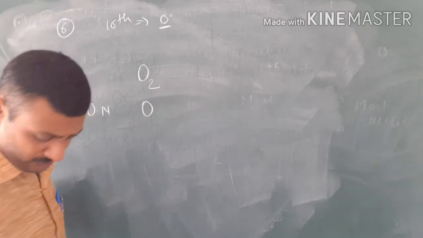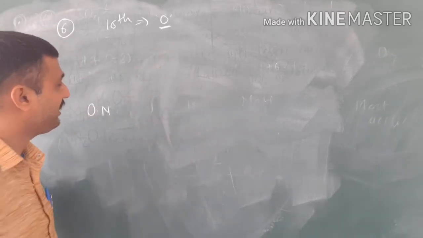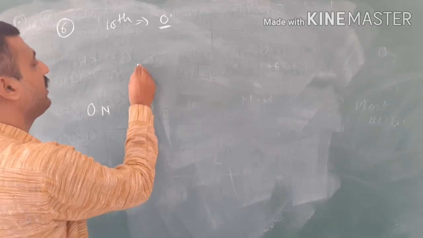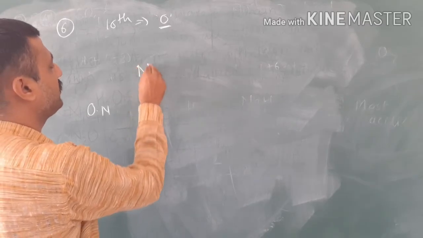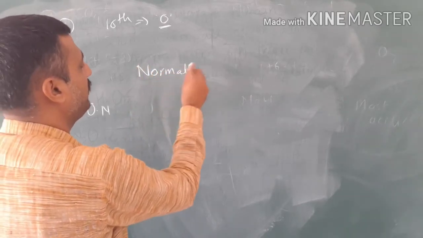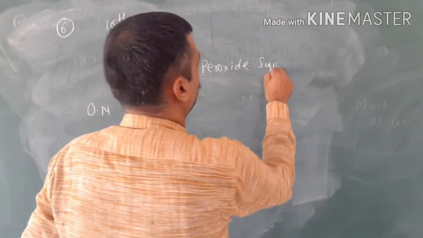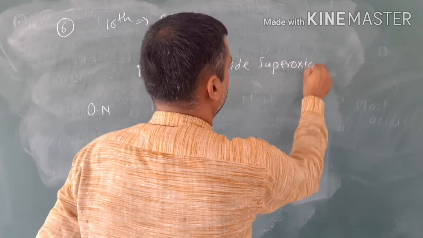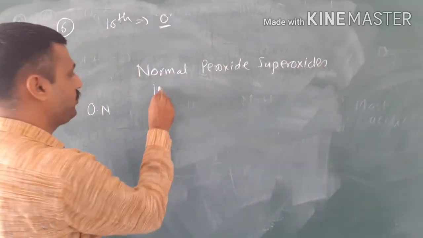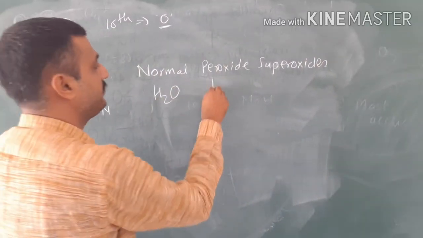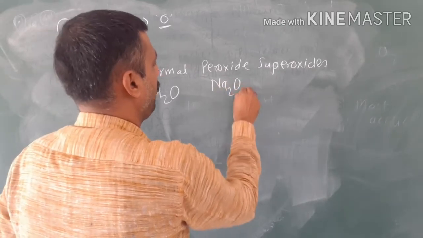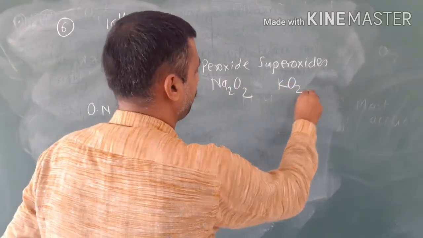And now I am going to tell you something different, that is oxides. An oxide will be either a normal oxide, a peroxide, or a superoxide. Let's see an example of each one. Normal oxide: H2O. Peroxide: Na2O2. Superoxide: KO2.